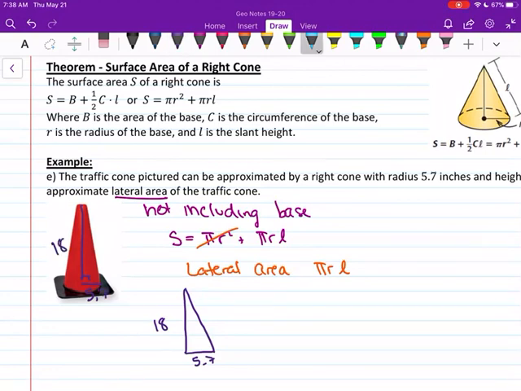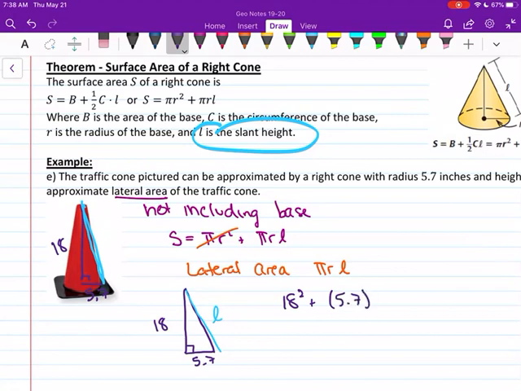For my formula, I want L, which is the slant height, so I want this right here, so that's L. And I can use good old Pythagoras, so 18 squared plus 5.7 squared is going to give me L squared. And so L is going to be approximately 18.9 inches.